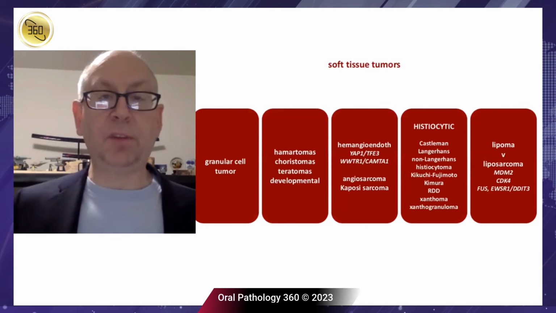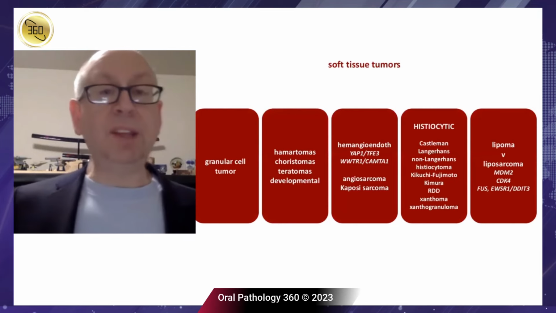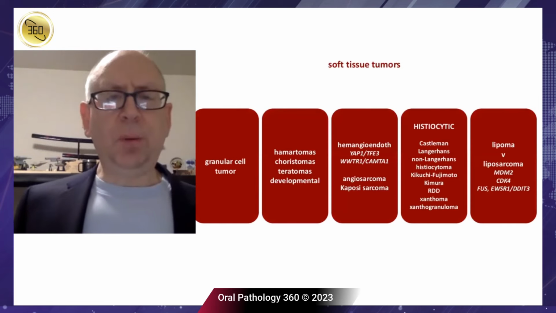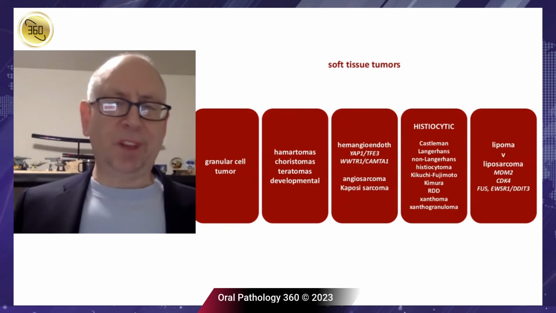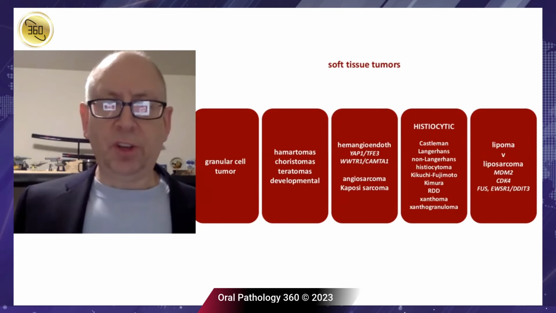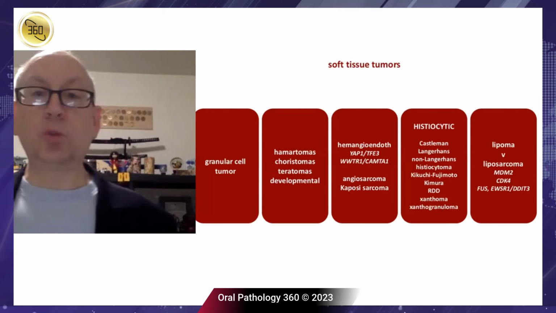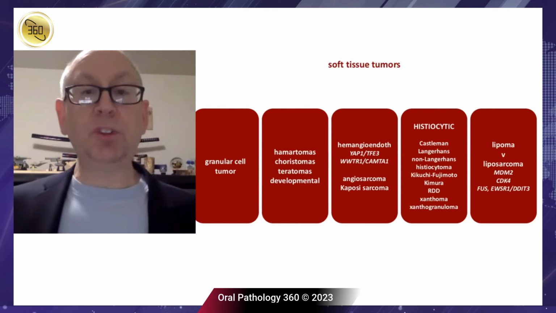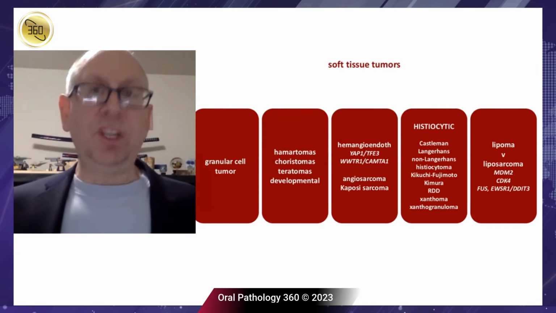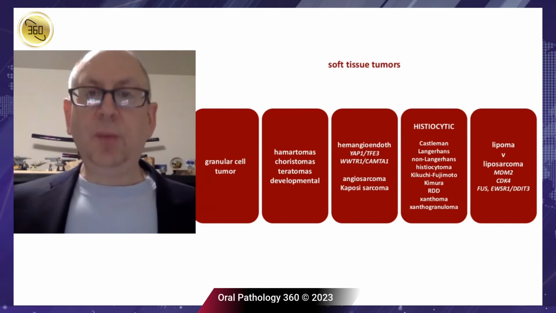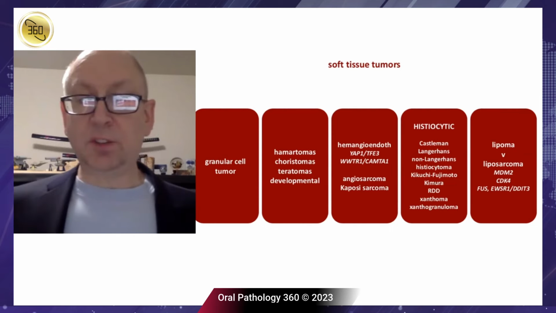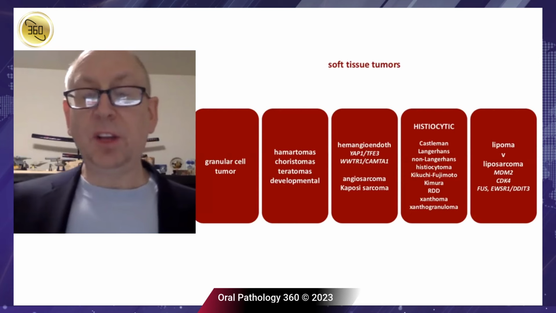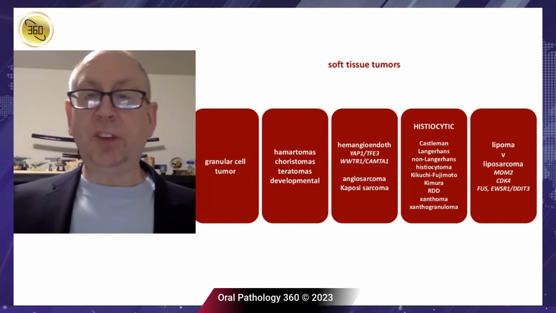So there's everything from the relatively benign things like granular cell tumors and some sort of developmental abnormalities like osseous choristomas. Then we start getting into truly soft tissue tumors, right? There's vascular tumors, and now we start picking up genetic disorders. And then we have a whole series of histiocytic disorders that include both Langerhans and non-Langerhans cell type histiocytoses.